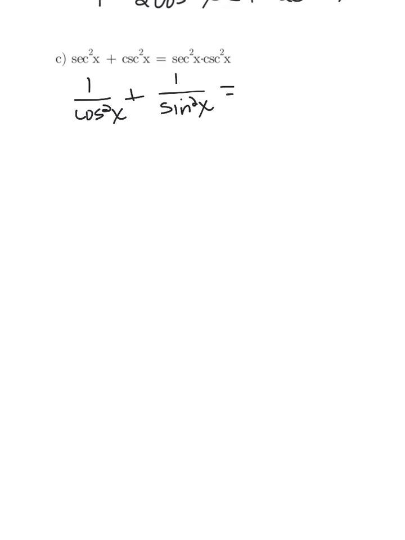When you are adding fractions, remember that you have to have a common denominator. If your denominators are completely different, then your LCD is the two denominators multiplied by each other. So our LCD is going to be cosine squared of x times sine squared of x.